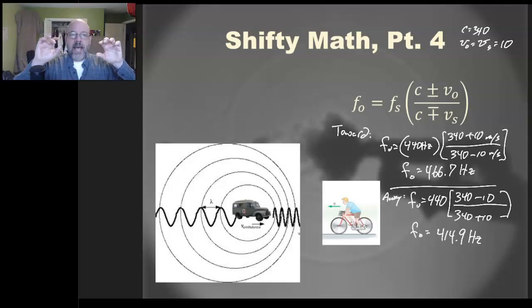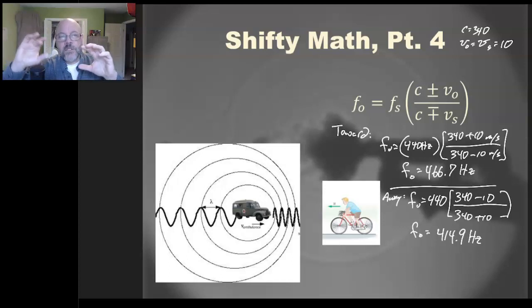You could have the bicyclist going away from the source, which means we need a smaller numerator, but also have the truck chasing it, which means we need a larger denominator. No, I got that backwards. A smaller denominator. It's tough.